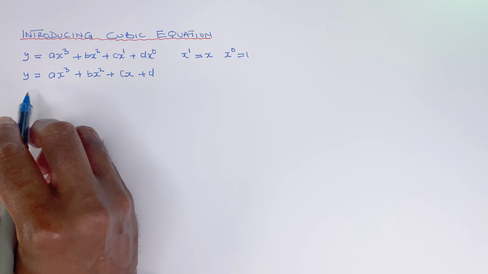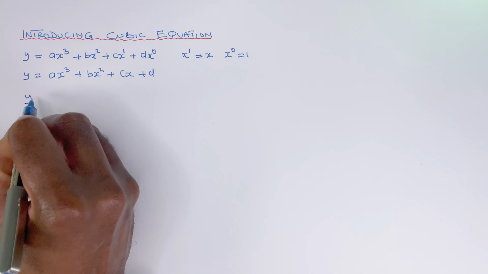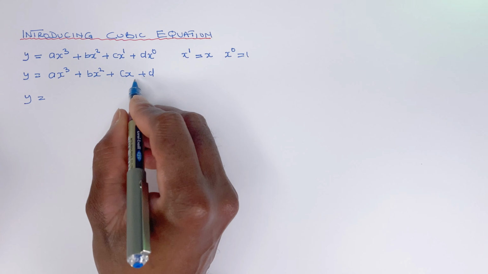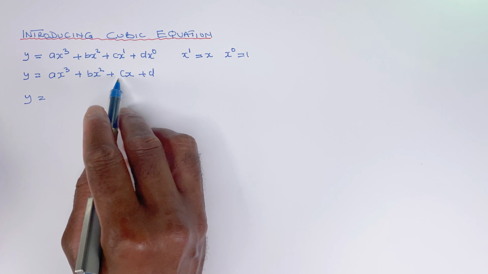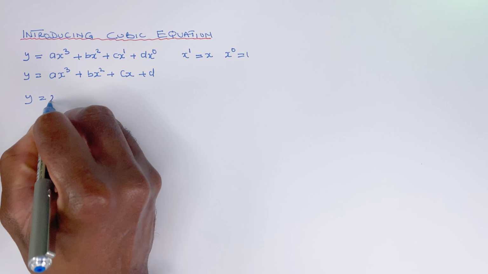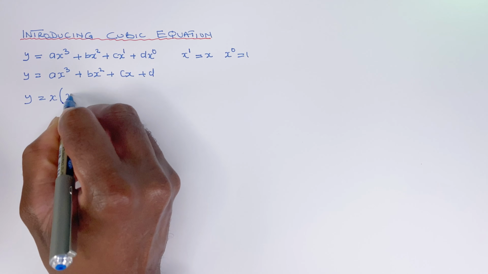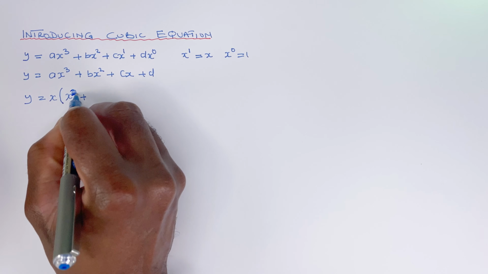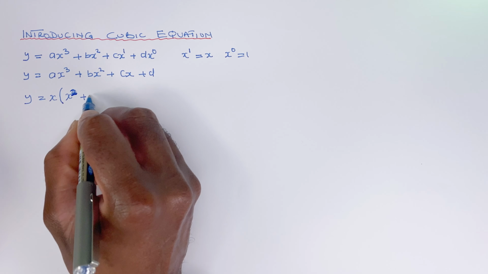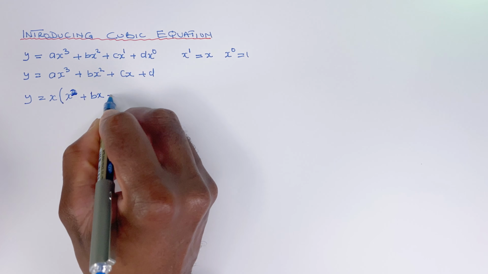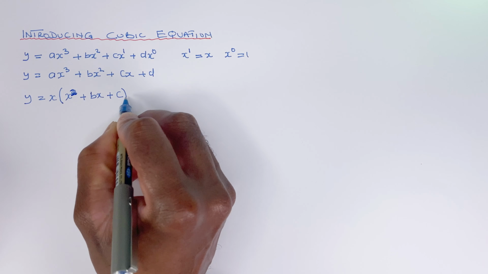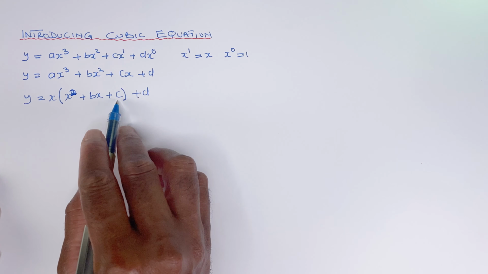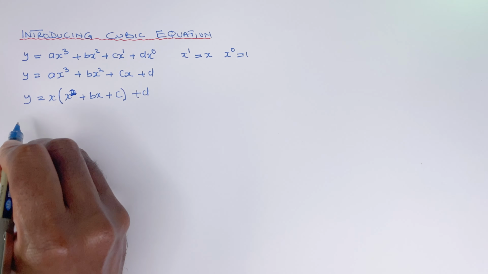The cubic can also be written as y equals x, since x is a common factor in the first three terms. The first three terms, I can take x out: x cubed plus x squared plus bx plus c, plus d. Now, the brackets remind me of a quadratic.